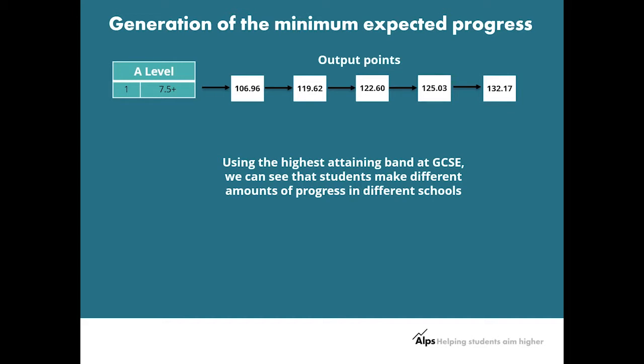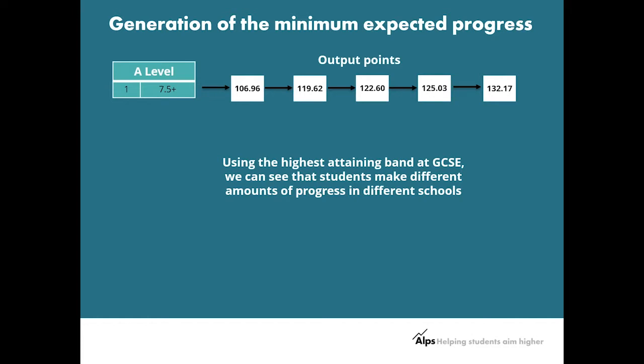You can see that there's a big range. The highest attaining school got 132 UCAS points, whereas the one at the bottom got 106 or 107 rounded up. And that's with students in that banded category only, okay?